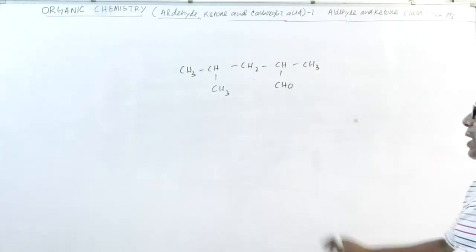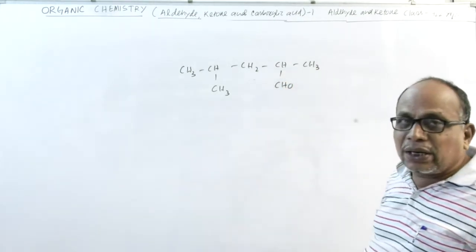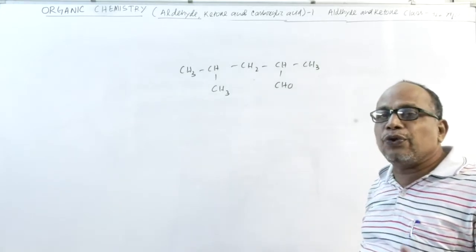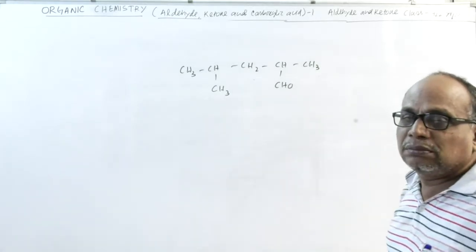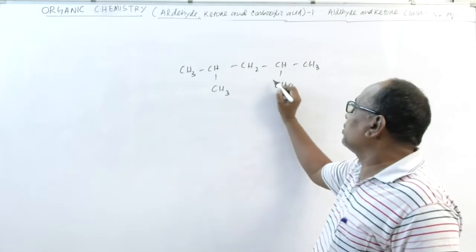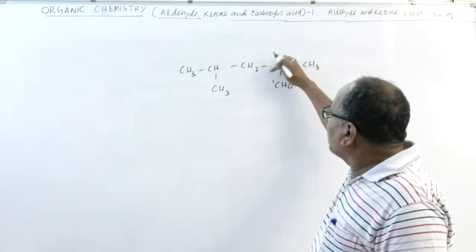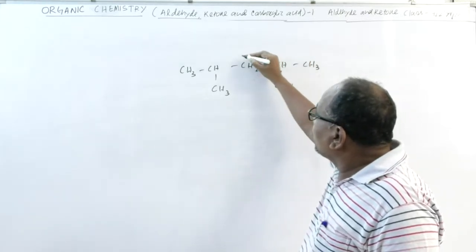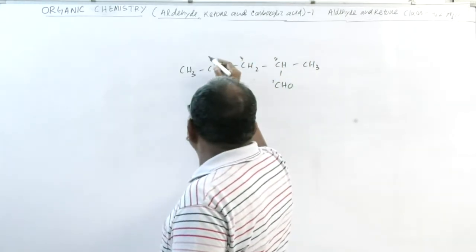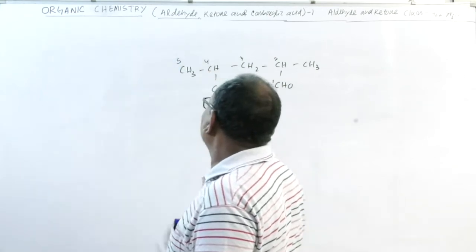So what is the functional group? The aldehyde group. The carbon atom which possesses the aldehyde group must be numbered as 1. So this carbon atom is 1, 2, 3 is not the longest. 1, 2, 3, 4, 5.